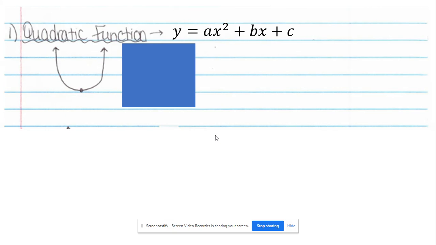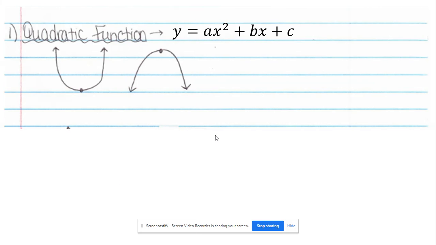For a quadratic function, there's 2 scenarios. One can be shaped up like a cup, and the other can be shaped down like a frown. And here's some vocabulary that you learned in Integrated 2 that I'm going to write down for future reference. The direction of the curve is known as concavity.